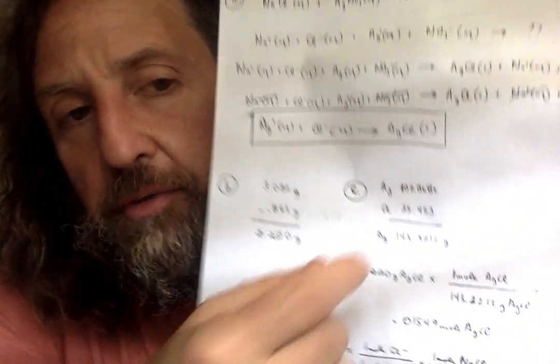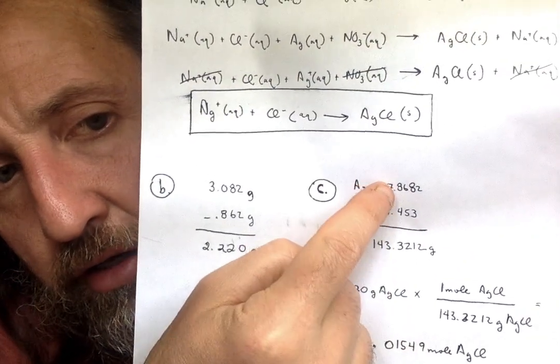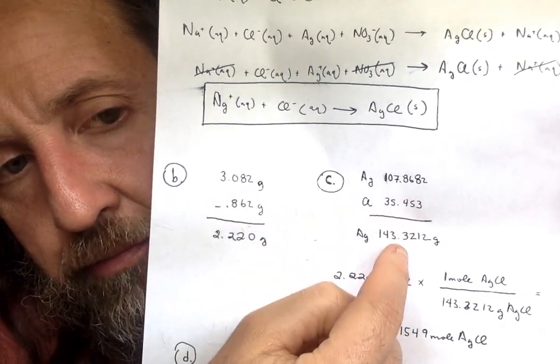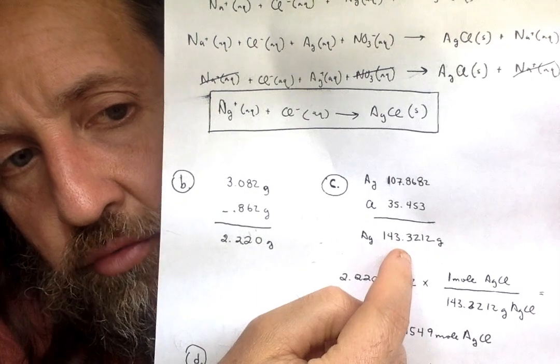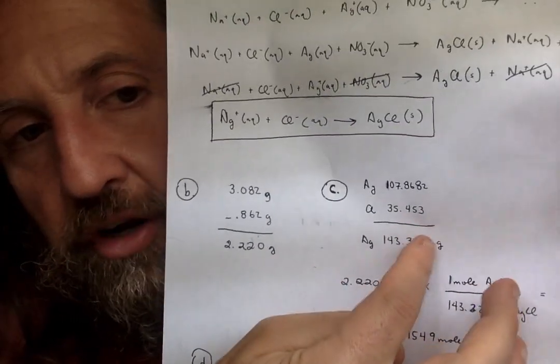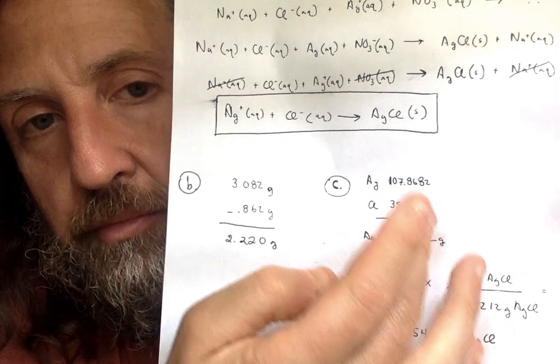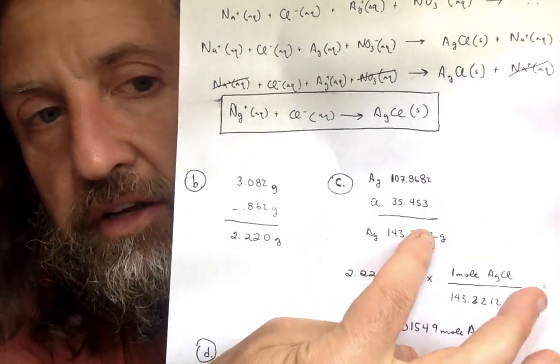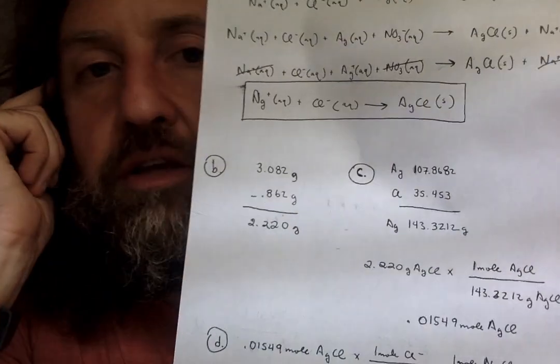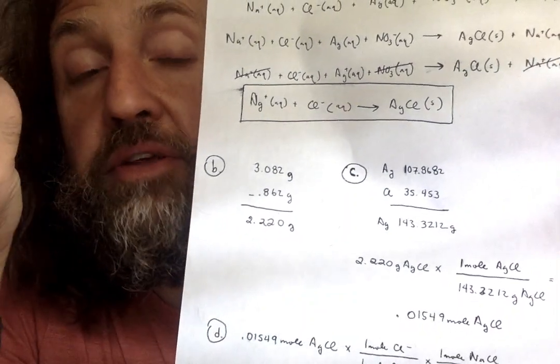C, calculate the moles of the precipitate. Since we've determined that the precipitate is silver chloride, I'm going to add that up to get 143. And this, whatever your periodic table says, always keep whatever they have here. Don't worry about sig figs here, because this is a given piece of information.